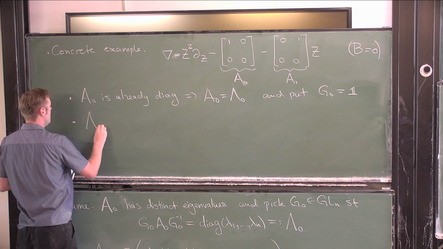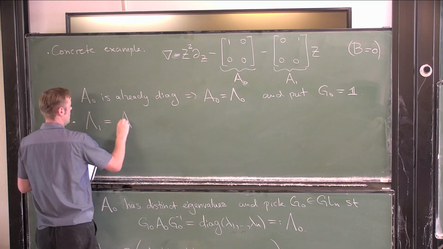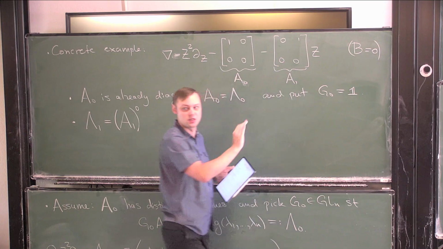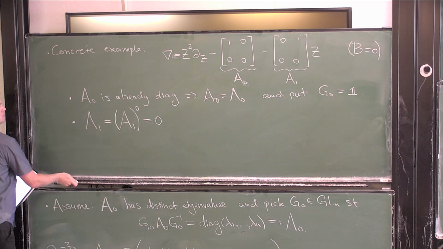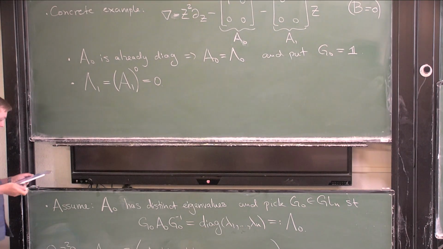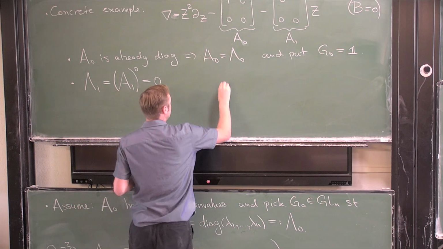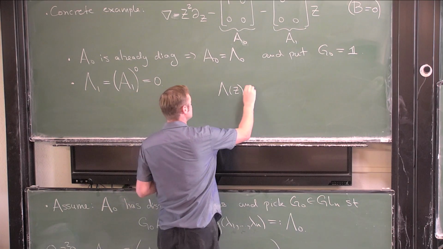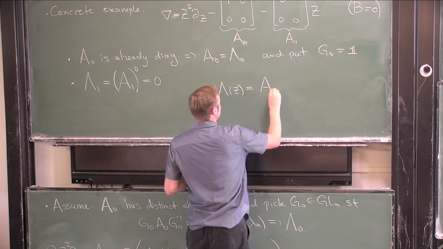Lambda 1 is supposed to be the diagonal part of A1. But of course the diagonal part of A1 is just 0. So this is the 0 matrix. So in this case, this diagonal polynomial which replaces the principal part is extremely simple. It's just A0.